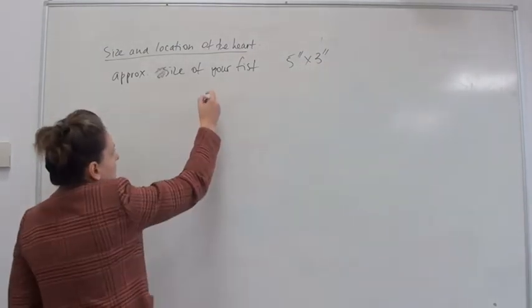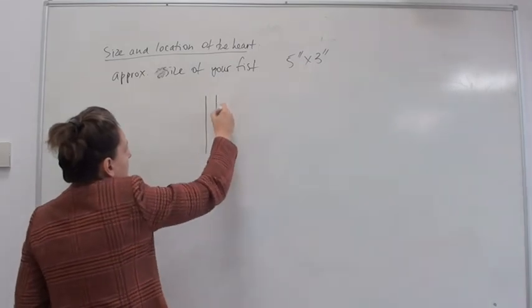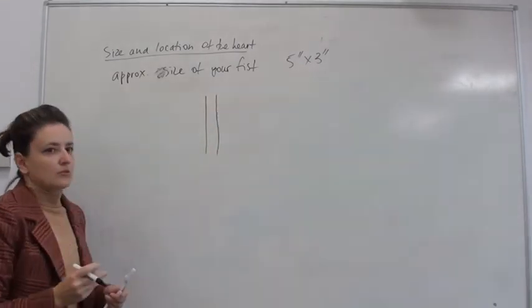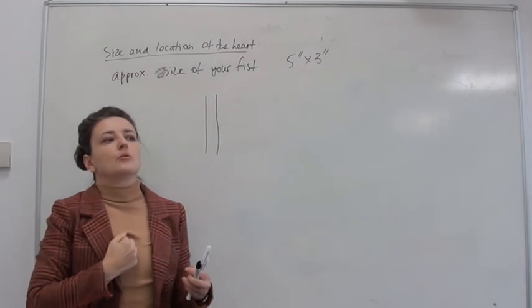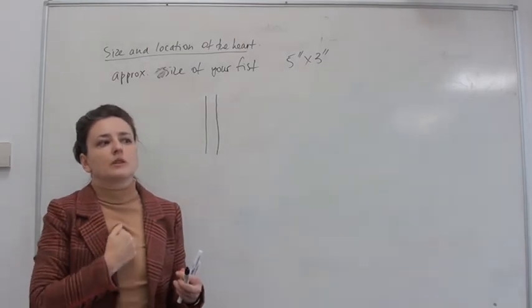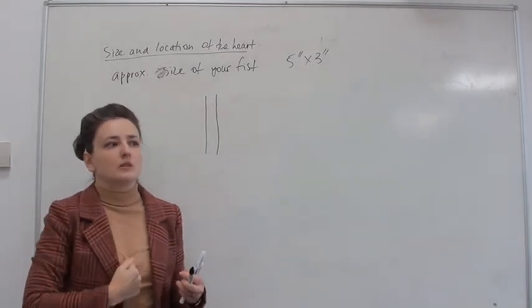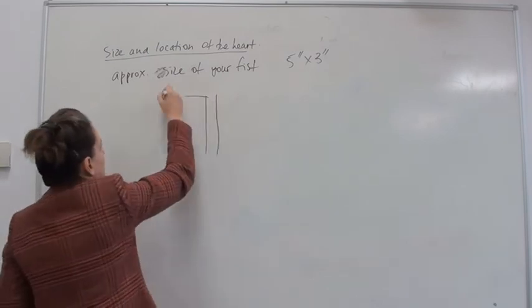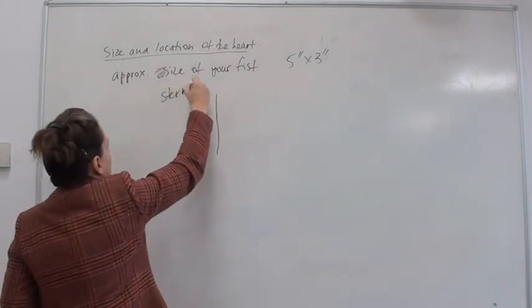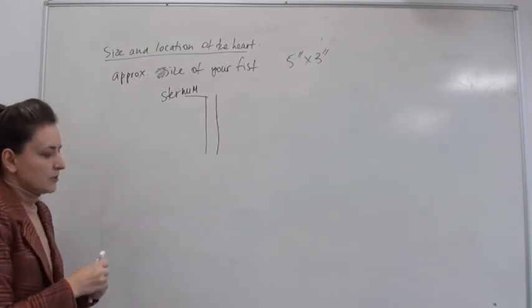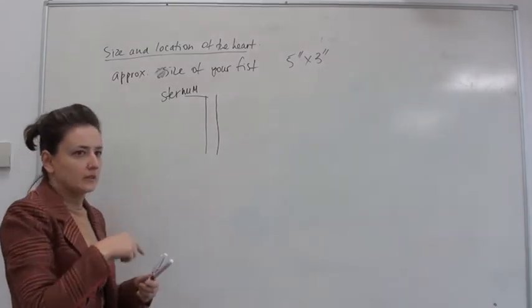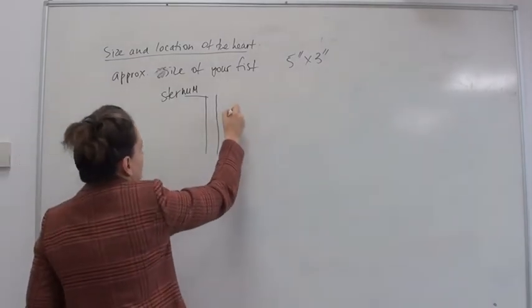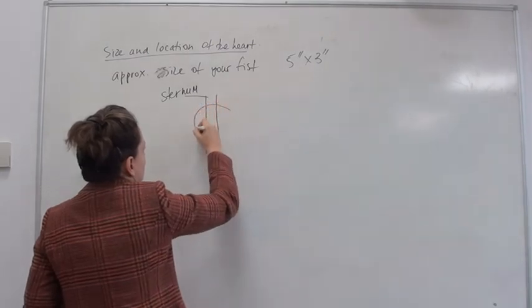So if I draw a rough picture, imagine this is your sternum. The sternum is that bone here, which connects to your ribs. So it's right in the middle. Then your heart is going to be that tilted egg, and if I draw it, let me just try how it goes.